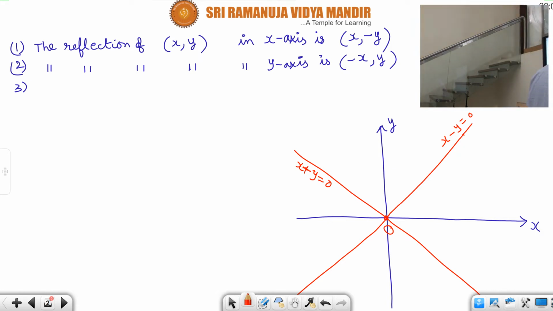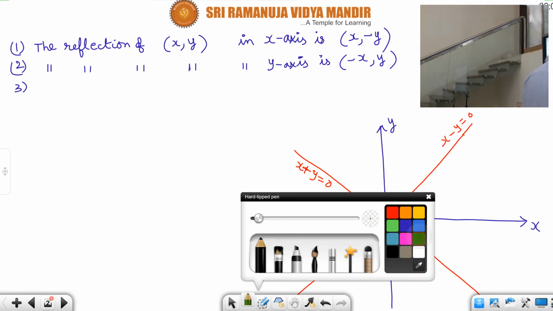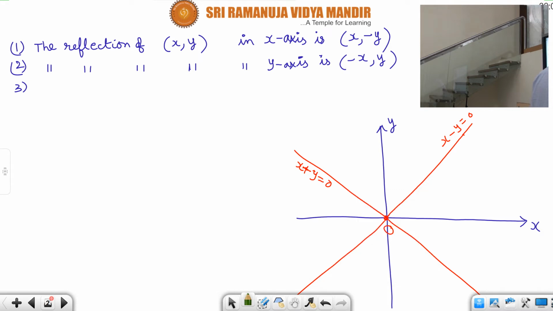Suppose here we have, I'll use green color. So I got say 1 comma 5. Suppose this point is 1 comma 5. X coordinate is just 1 only, but y coordinate is 5. Its reflection in the line x minus y equal to 0 means I have to drop a perpendicular to this, and same length I have to produce.